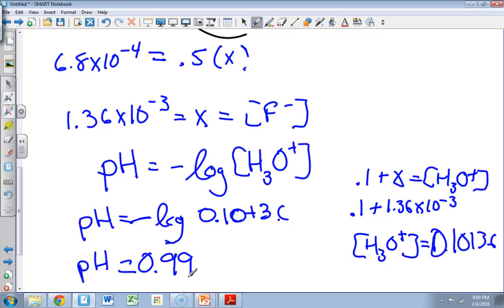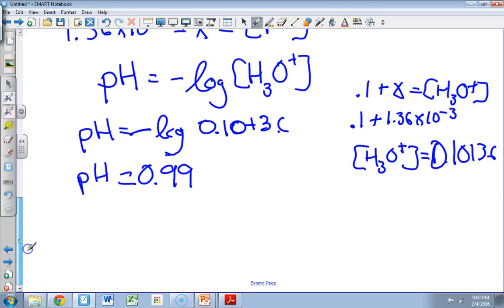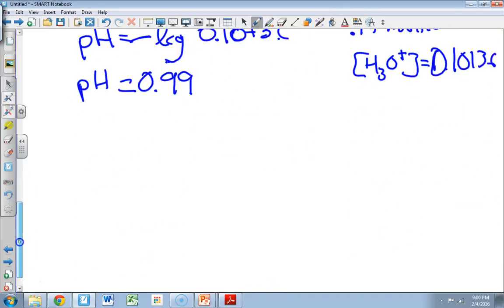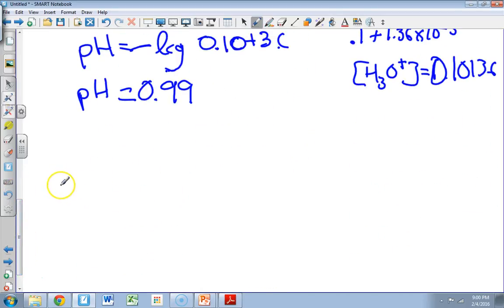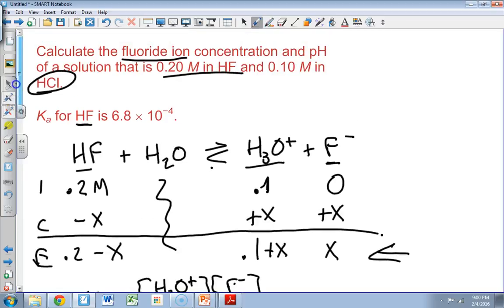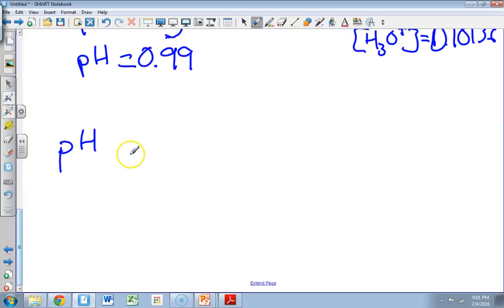Just for fun, what I want to see if I can illustrate this. What is the pH of just the 0.1 molar HCl? Well, it's the negative log, because it's a strong acid, negative log of 0.1.